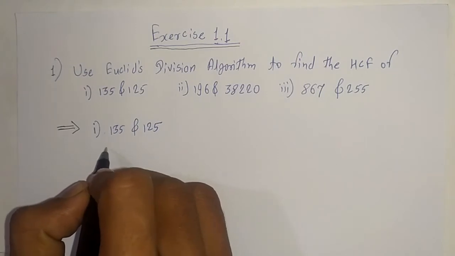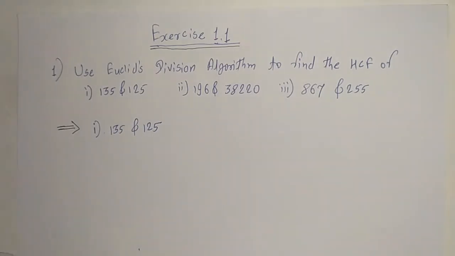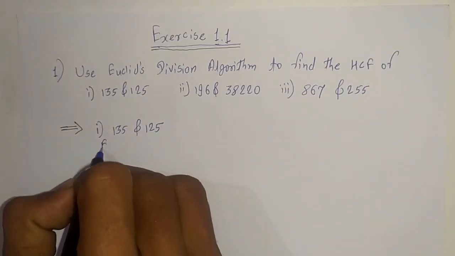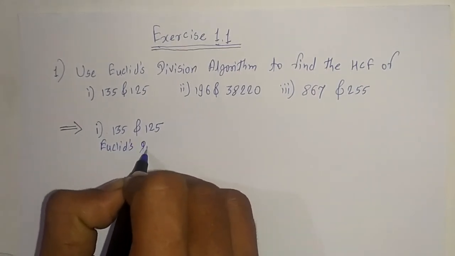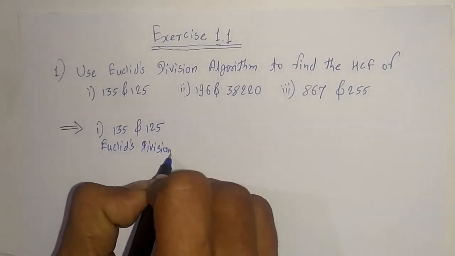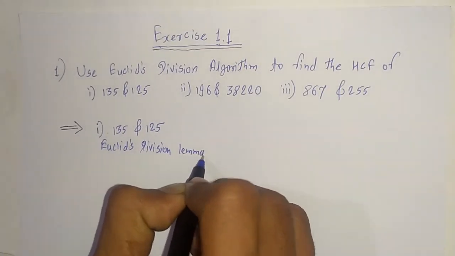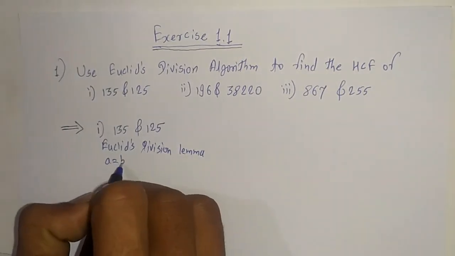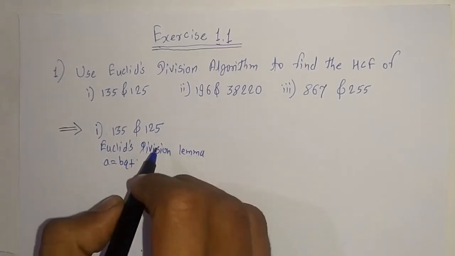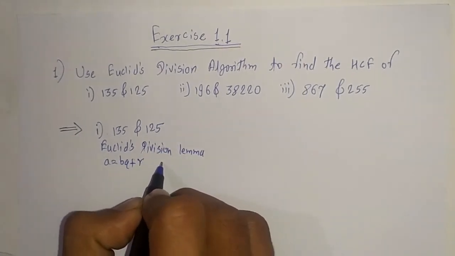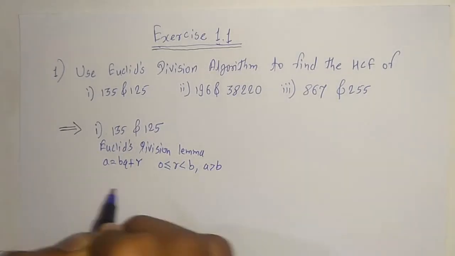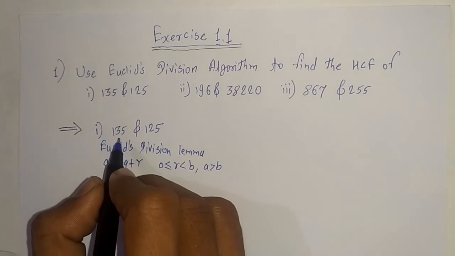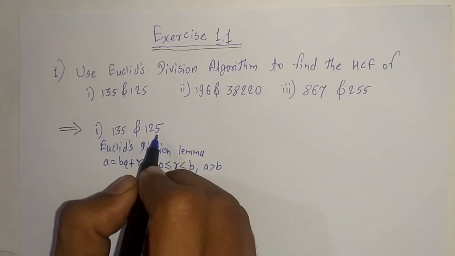So Euclid's Division lemma. Write down the Euclid's Division lemma first. A equal to BQ plus R, where 0 is less than equal to R less than B, A should be greater than B. So what are the values of A and B? 135 and 125.